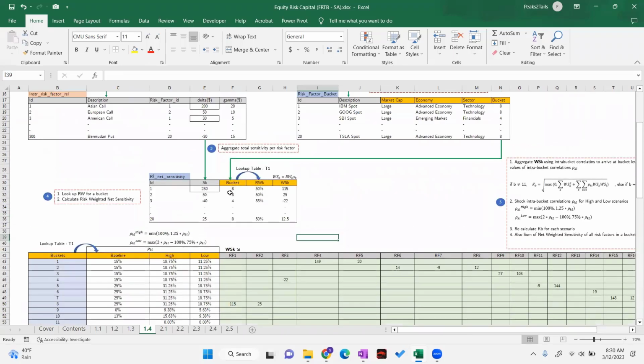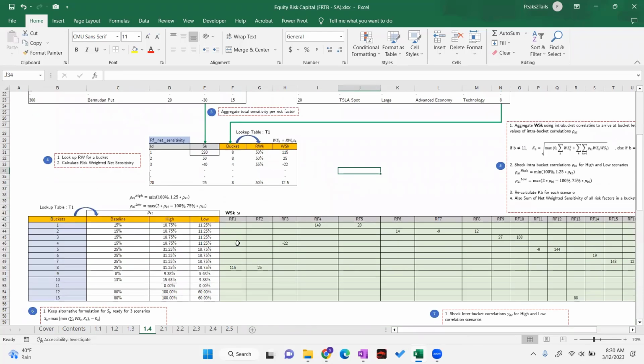All right. Okay. Now, these are the weighted net sensitivities, right? Risk factor 1, which is mapped to bucket 8, has a weighted net sensitivity of 115. So for risk factor 1, this 115 entry goes against bucket 8. Within bucket 8, risk factor 1 comes with a total weighted net sensitivity of 115.